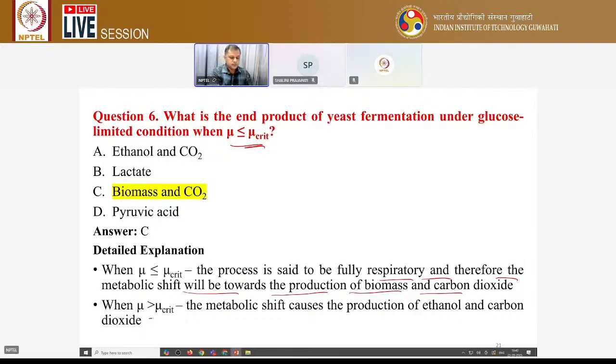While when mu is greater than mu critical, it becomes an anaerobic process, and the metabolic shift is toward the production of ethanol and carbon dioxide. So in this case, there will be synthesis of biomass in a good quantity.